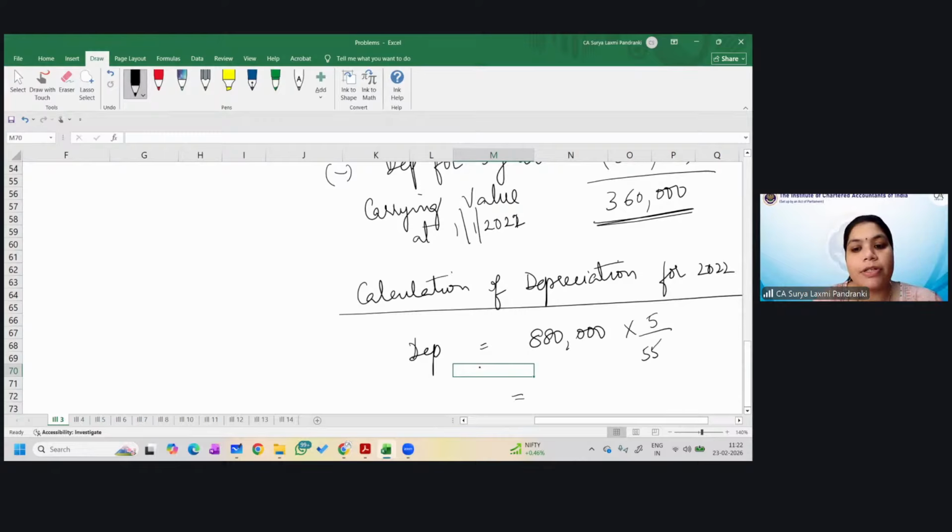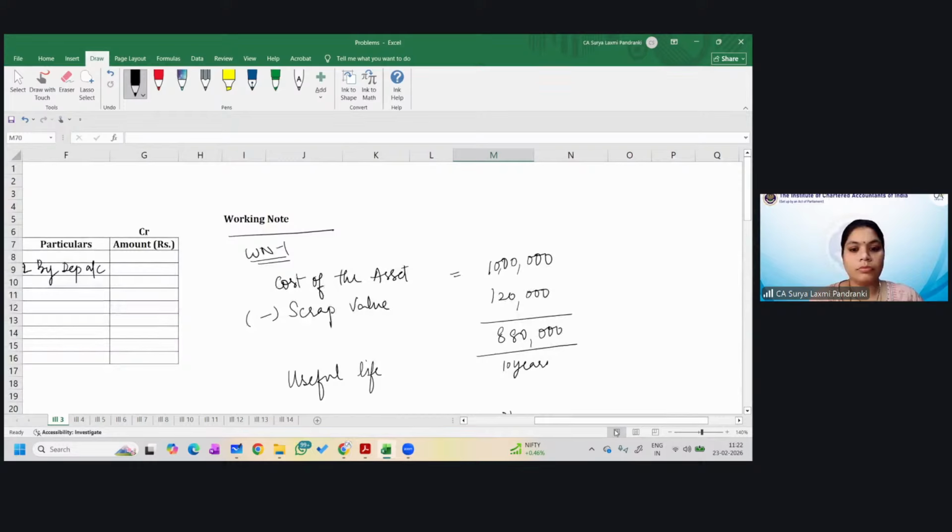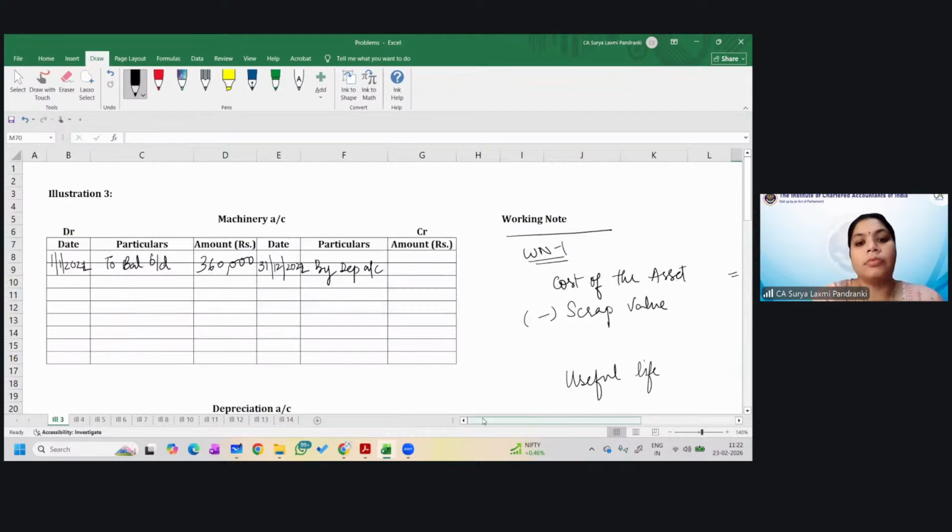Okay. So what is the depreciation? Calculate the depreciation. 80,000. Okay. So by depreciation account 80,000. Now anything else we have to take? We don't have any additions in this year. We don't have anything else. So by balance carried down. How much is the balance carried down?